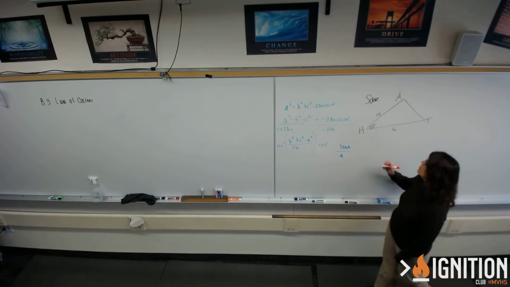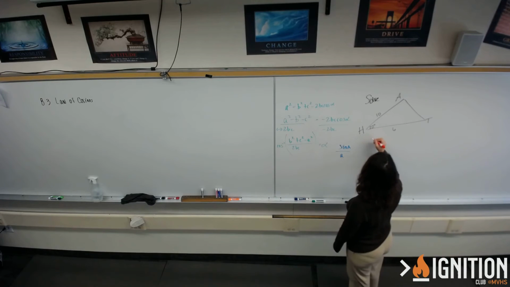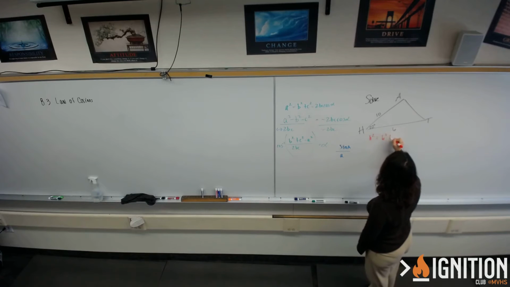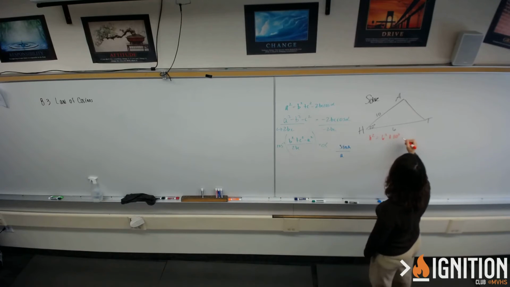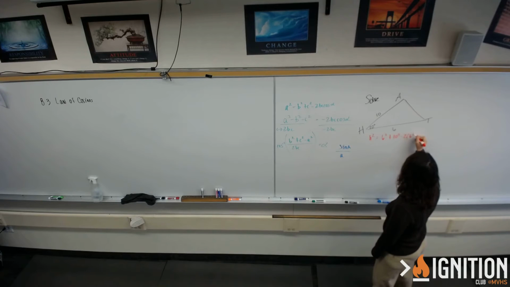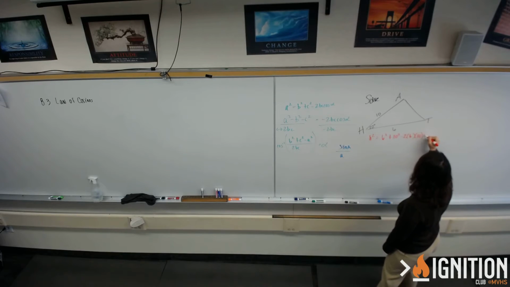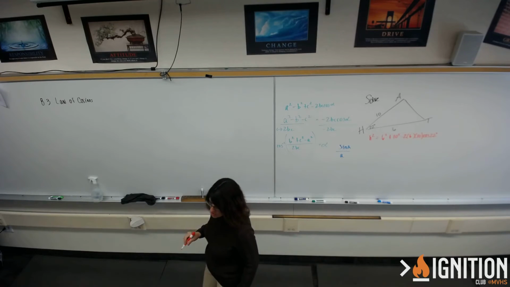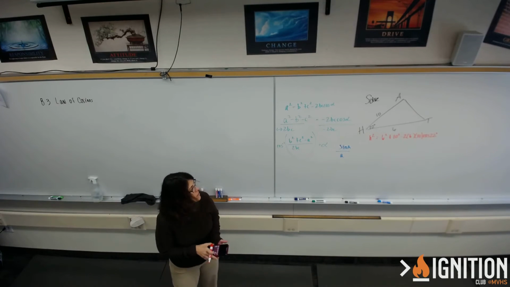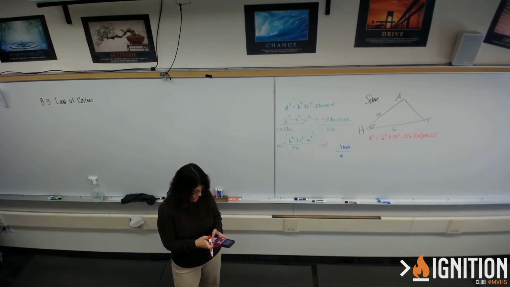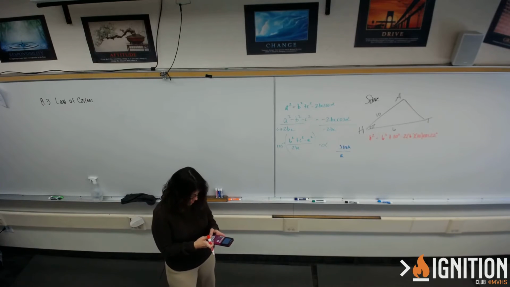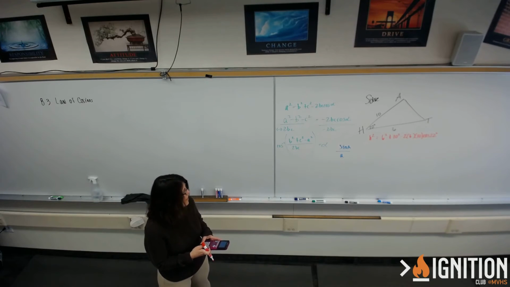Set me up! What do we got? H squared equals 6 squared plus 10 squared. Keep going. Minus 2 times 6 times 10. Okay, this is seriously a straight plug and chug. What do we got there? 136 minus 120. Let's store it.